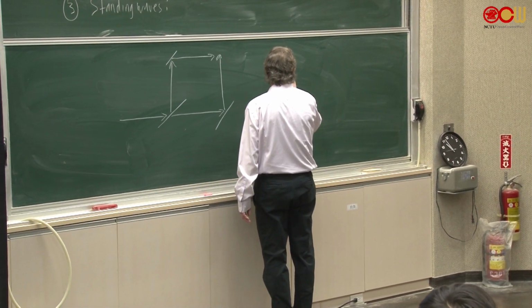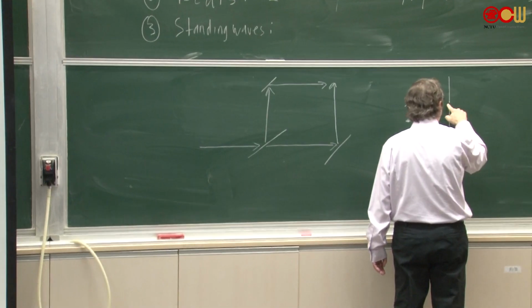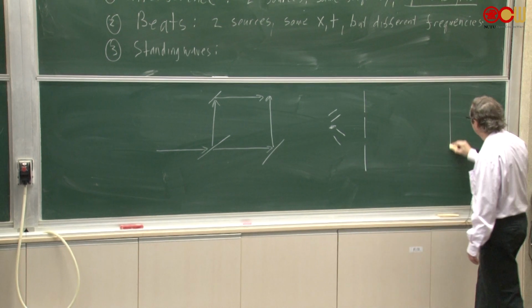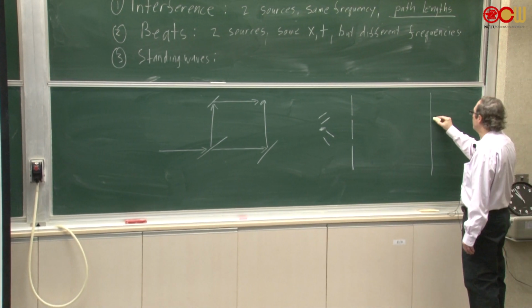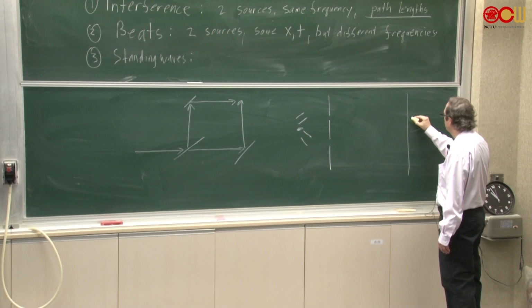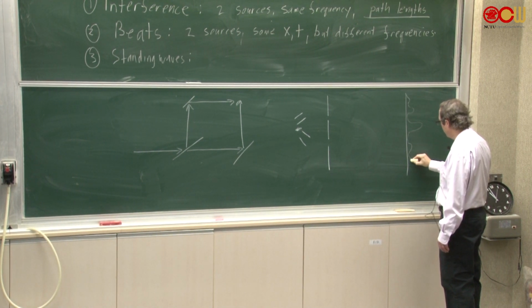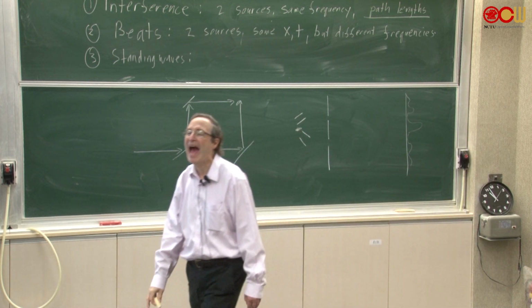It's putting out light. And you have two slits here. So the light can go through either one. And if you look over here, you will get an interference pattern. There'll be a maximum in the middle, and then it'll fall off like that. So you'll get what's called an interference pattern.